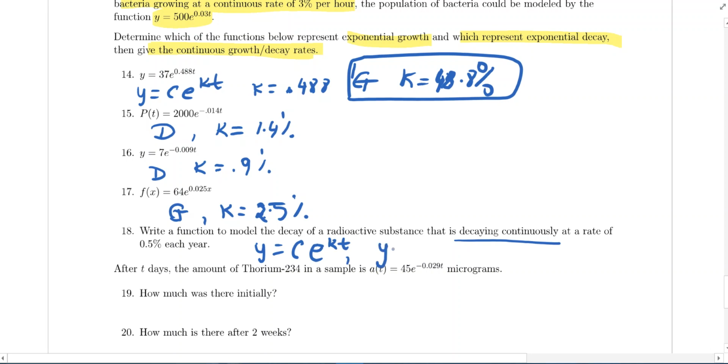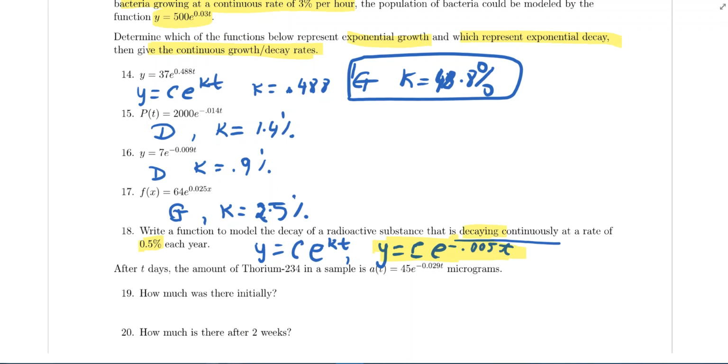So y is going to be, I don't know how much it starts with, so I'm going to leave it as C. E, it says it's decaying, so K has to be negative, so I need to put negative 0.5%. I move the decimal to the left too, so it'll give me a 0.005 T. So this is the model, okay? Because it's decaying, K is negative, and then this percentage transformed into decimal.